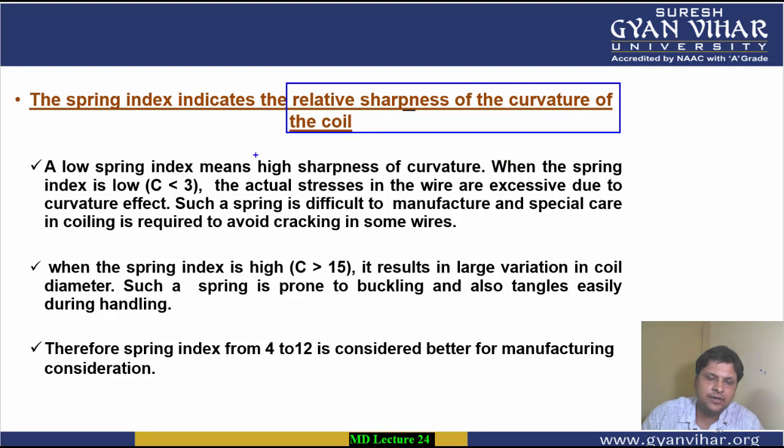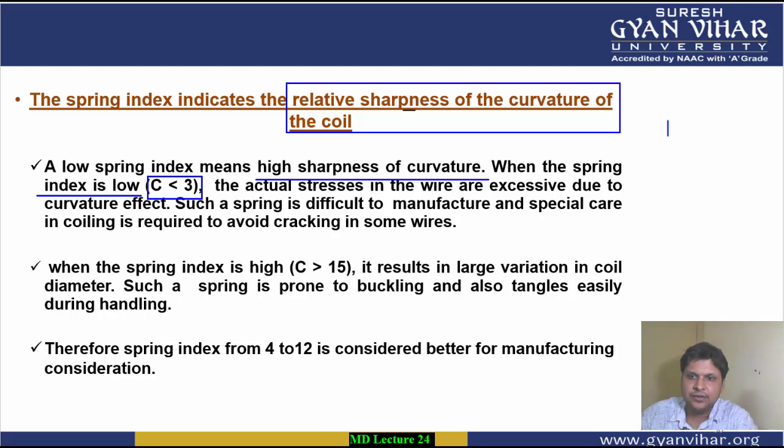See, after the calculation of the spring index, if you get a value smaller than 3, this means that the spring index is low, and it indicates that there is high sharpness of curvature. It indicates that the curvature is very sharp. It means there is very little difference between the mean coil diameter and wire diameter.